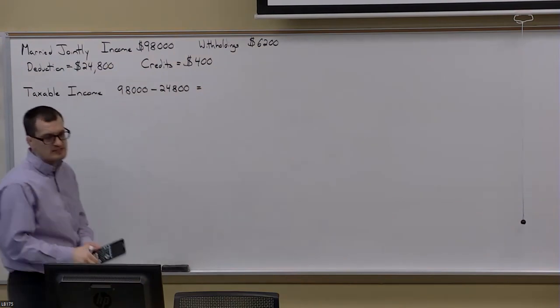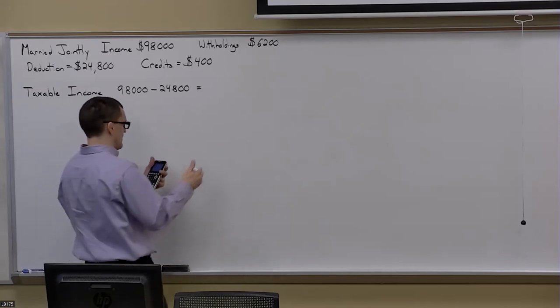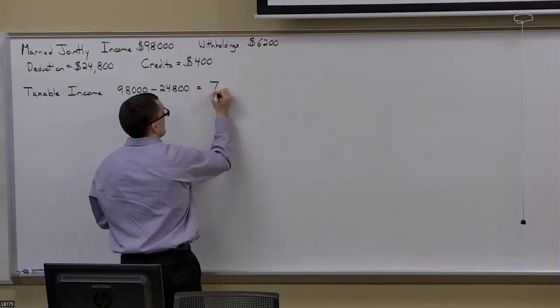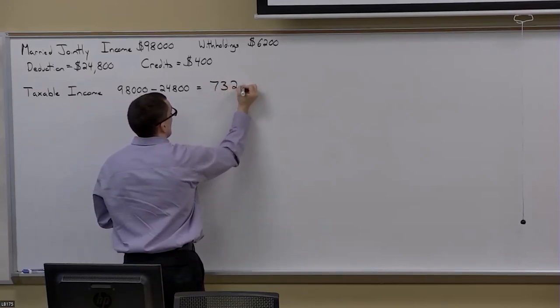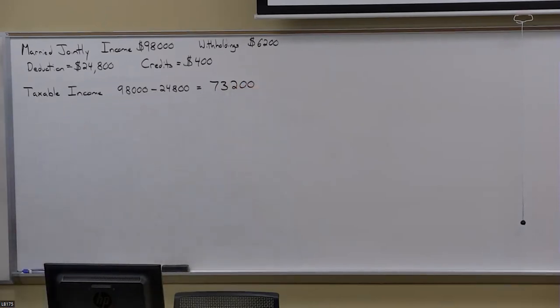So that's a taxable income of 73,200. So taxable income is 73,200.